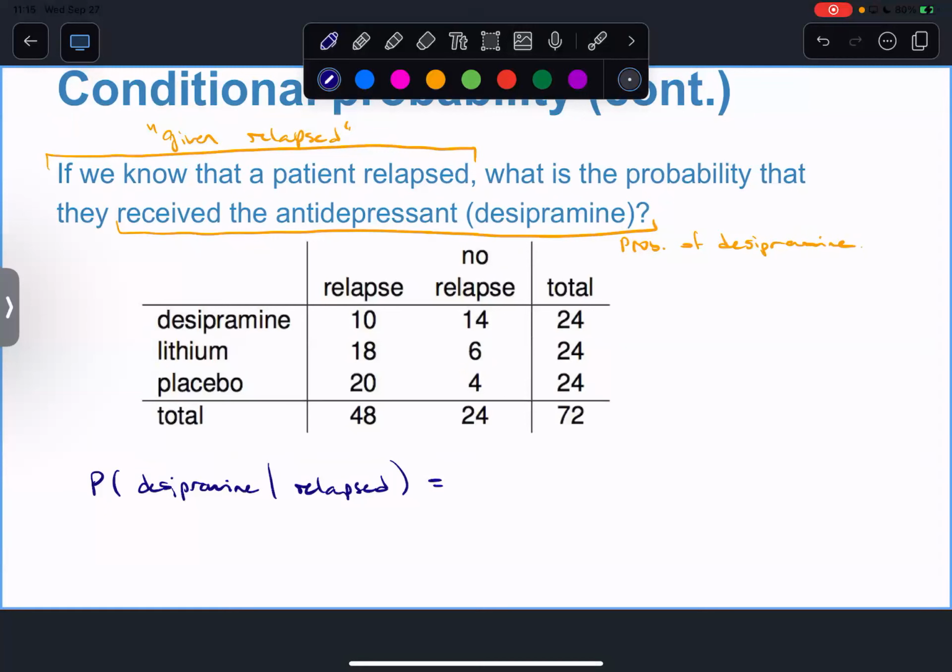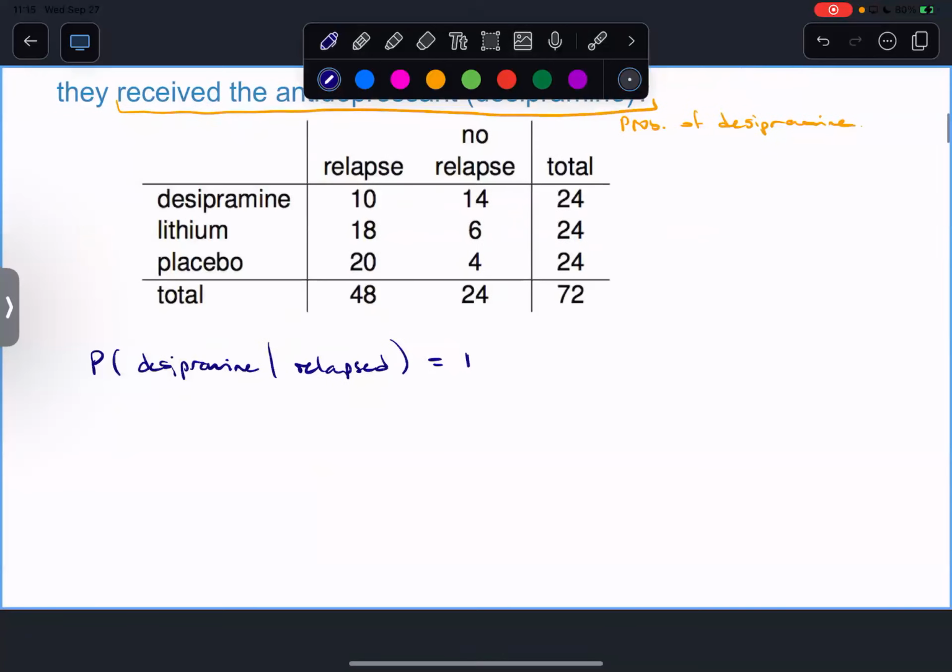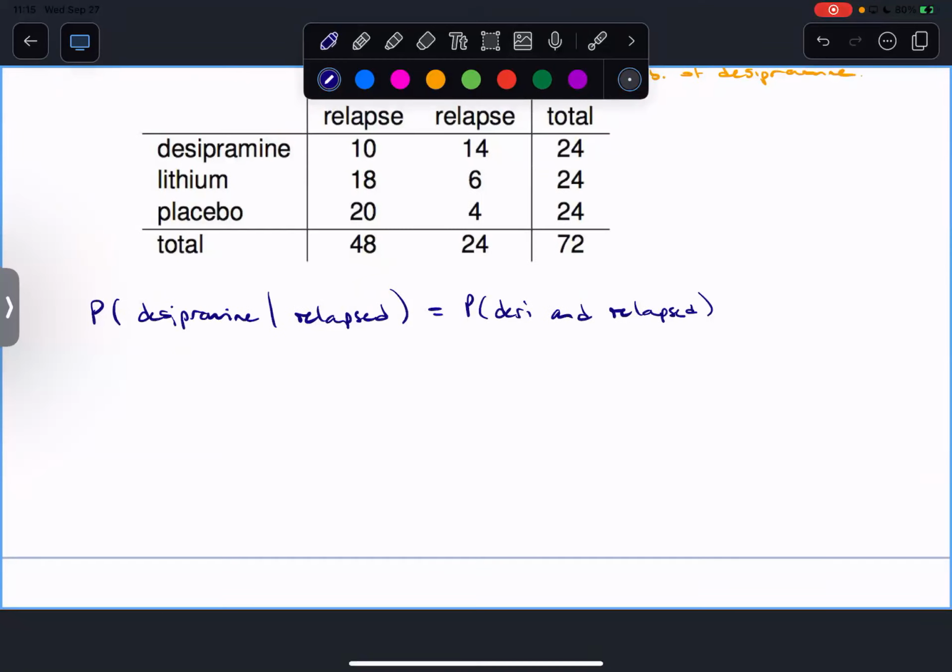is the same as the probability of desipramine and they relapsed, the two of them together, divided by the probability of just relapsing. Divided by the probability that they relapsed.